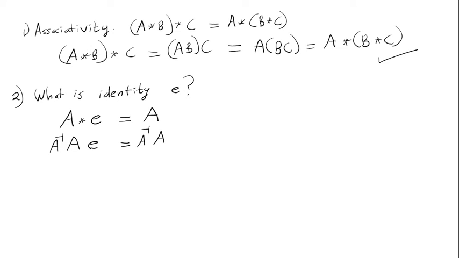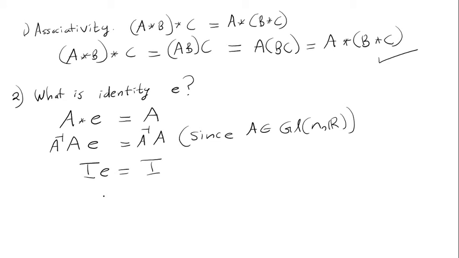Since A is invertible, since A belongs to GL_n(R), I can do this operation, right? So this is I, and I times E equals E. The identity element is the identity matrix. So E is the identity matrix. I think that part is clear for you.